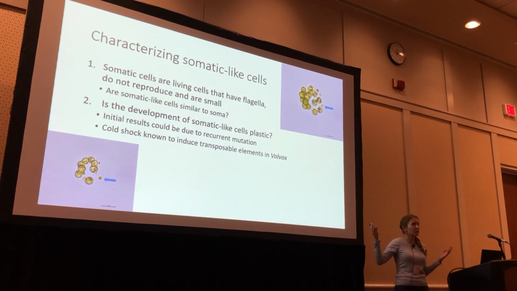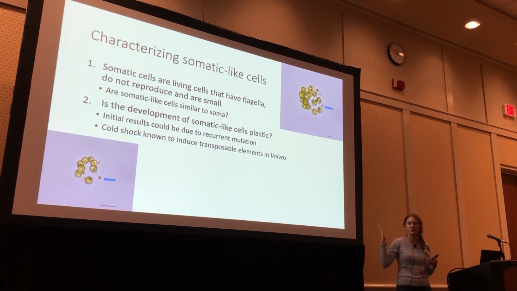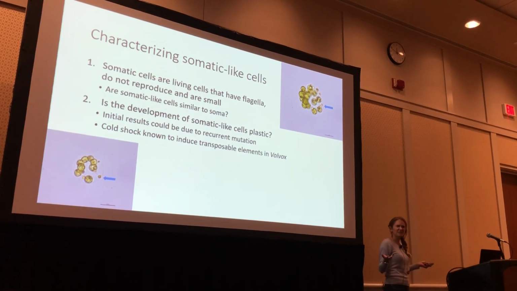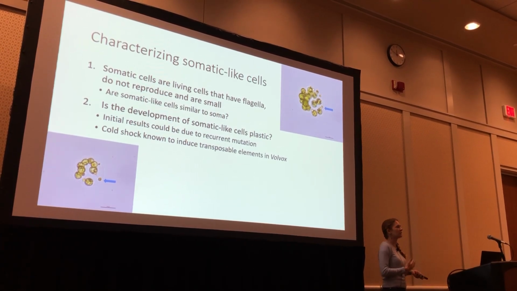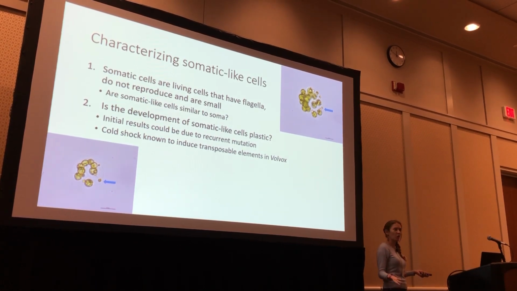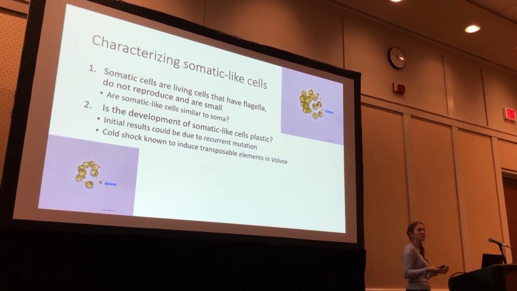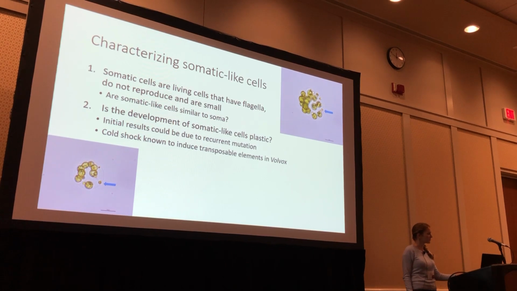Do they fail to reproduce? Are they actually consistently smaller than reproductive cells? Additionally, is their development in fact plastic, or is it the result of a recurrent mutation induced by cold shock? We know that transposable element movement can be induced by cold shock in related species, so this is plausible.